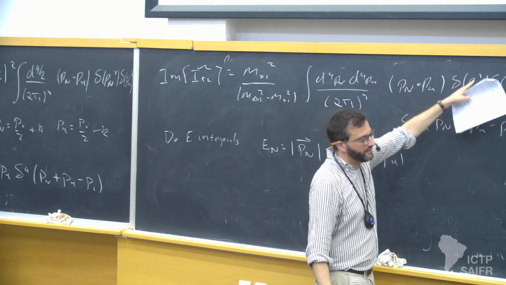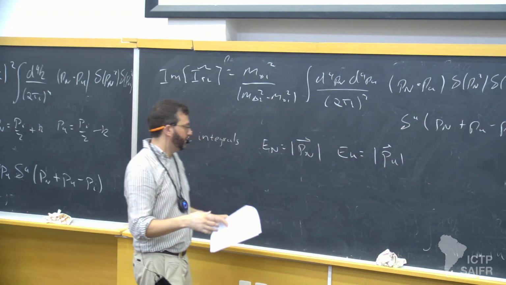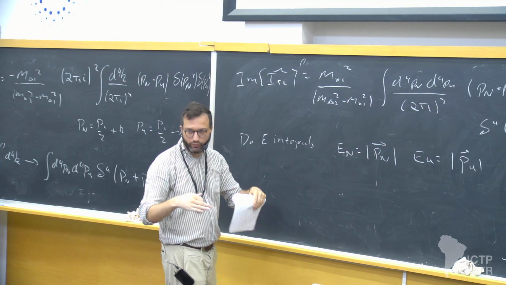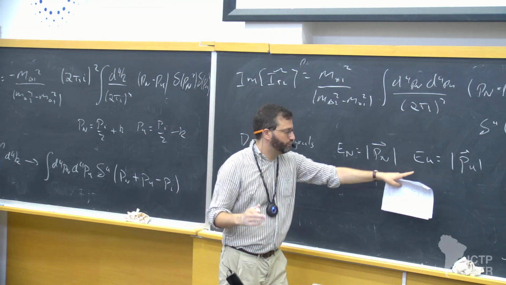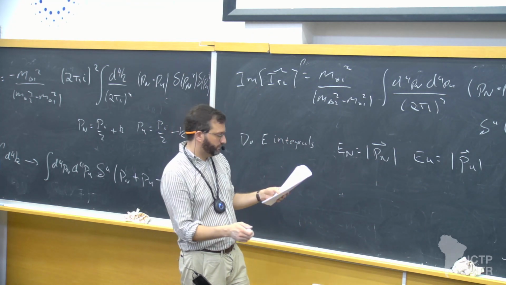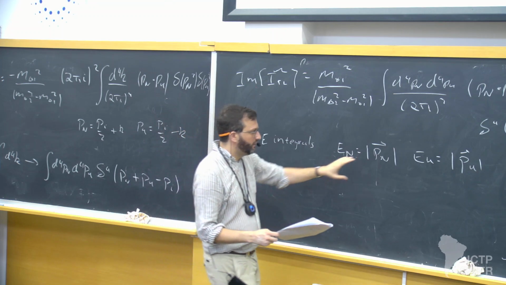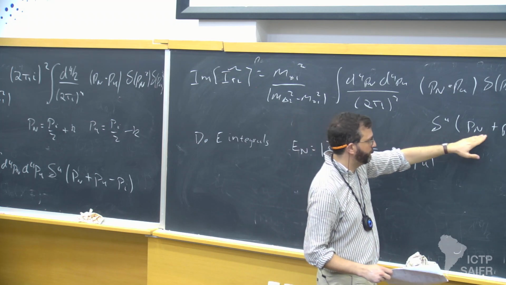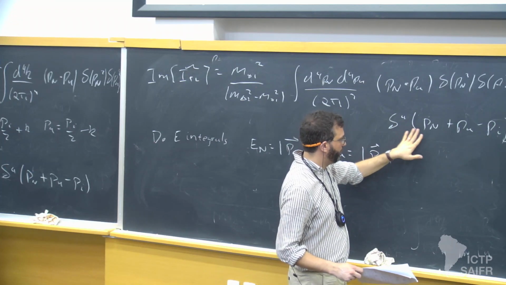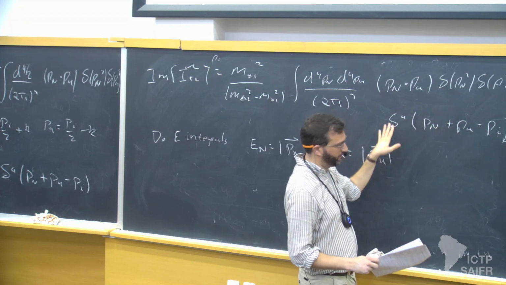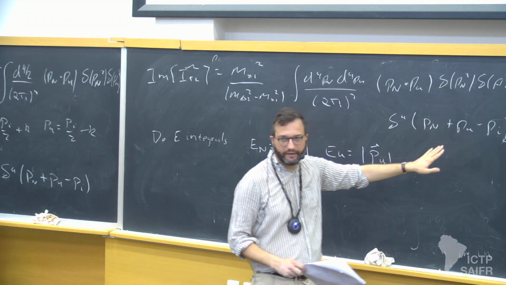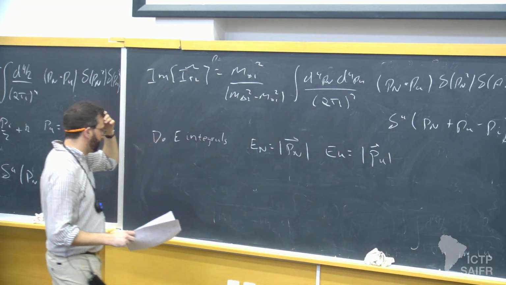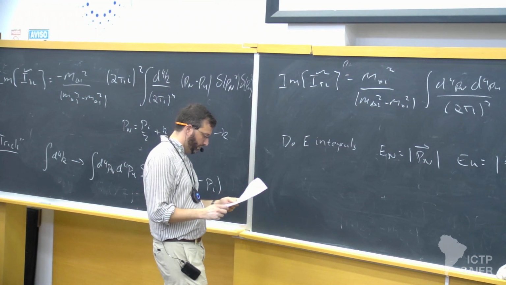But because this is Pn squared, when you use the properties of the delta function, you'll find a 1 on 2 En and 1 on 2 Eu. And in principle, there's also a negative energy solution, but this won't contribute because of the energy part of this delta function here, which forces this to be on shell. So P initial is M delta, so these then have to be positive eventually. Okay?